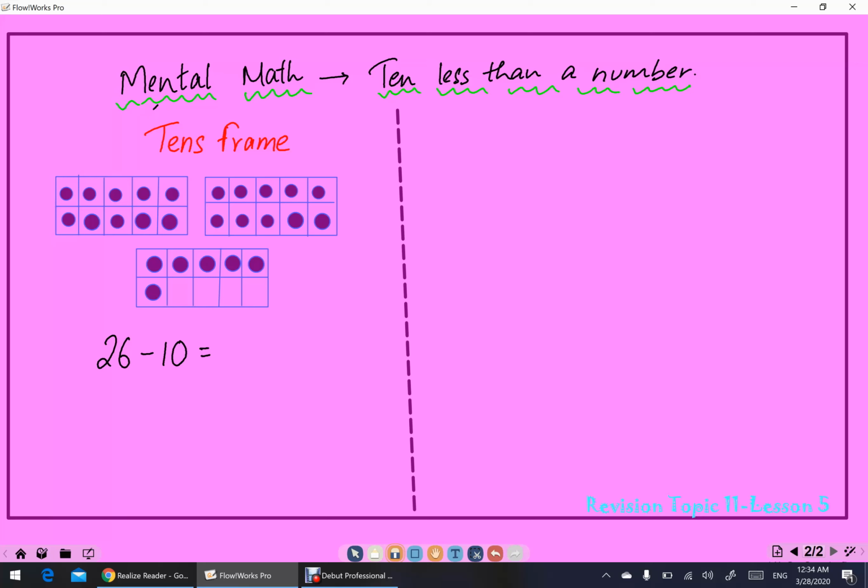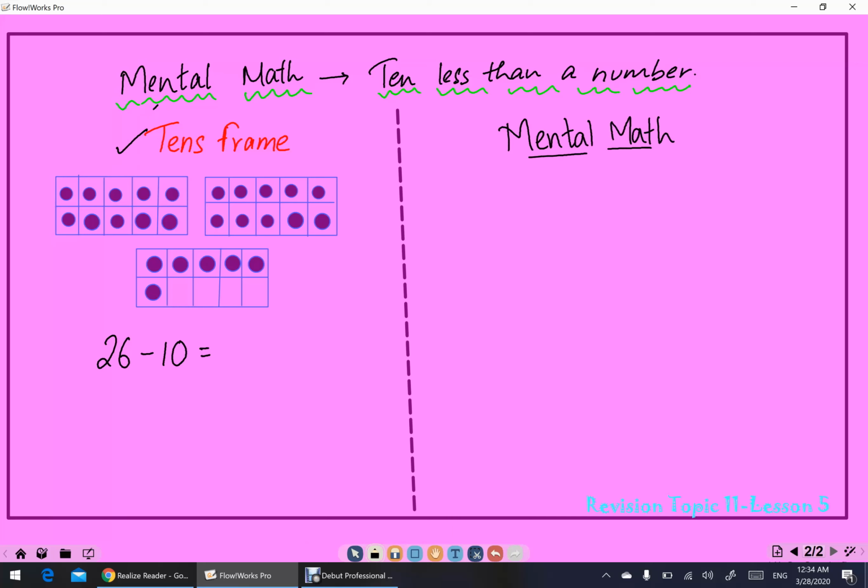The first method we learned was the tens frame, and another one was mental math. So let's begin with the tens frame.